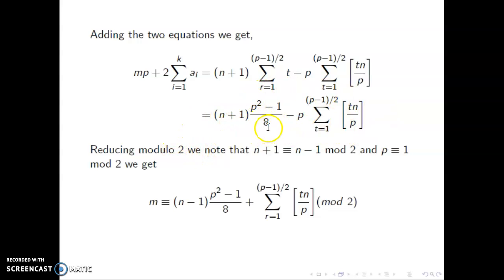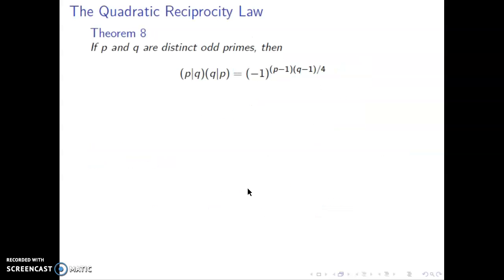When I reduce this modulo 2, I know that n plus 1 is the same as n minus 1 mod 2, and p is congruent to 1 mod 2 because p is an odd number always, and therefore I can replace this n plus 1 by n minus 1, and I can replace this p by 1. So I get (n-1)(p²-1)/8 plus this summation, mod 2, is equal to m. And therefore we've got our result.